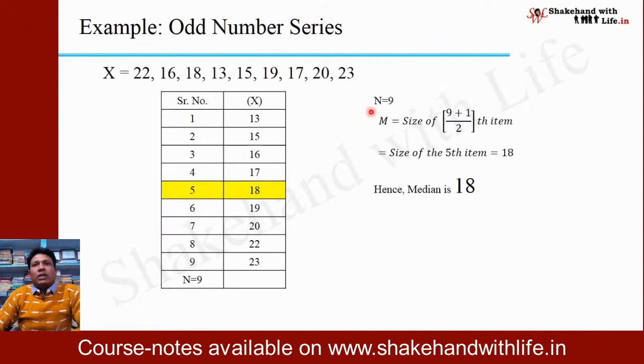N is 9, M is the size of (9 plus 1) divided by 2 item. So 9 plus 1 divided by 2 is 5. So the fifth item is the median value and the fifth item is 18. Therefore 18 is the median value of this data series.